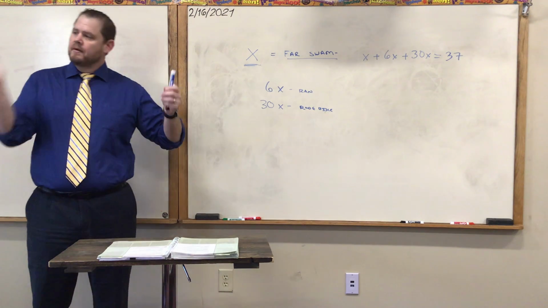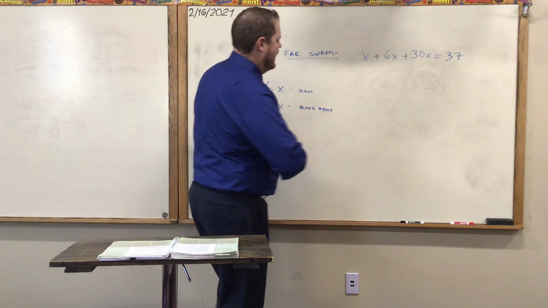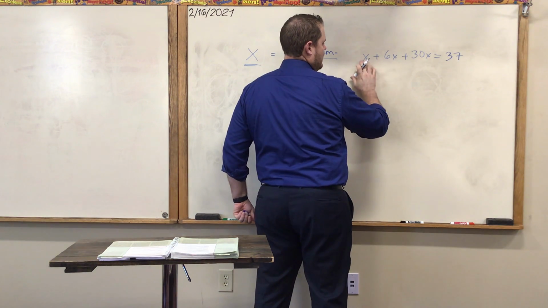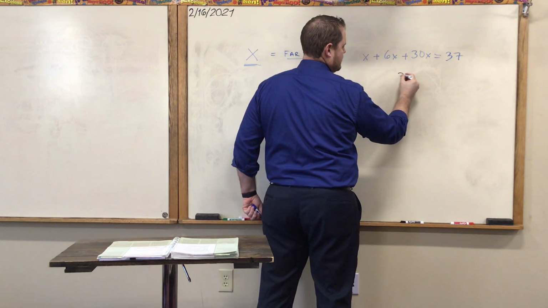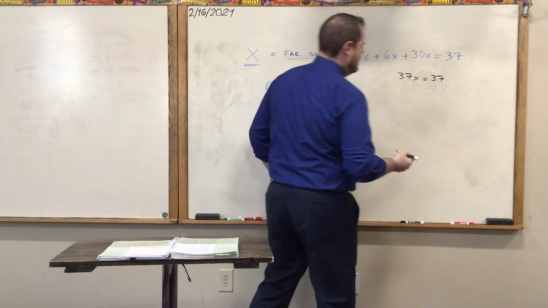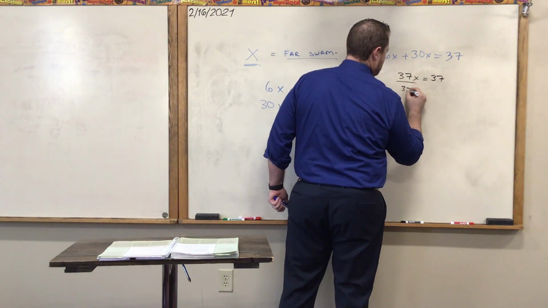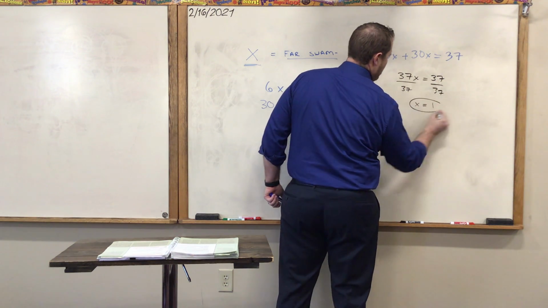Now, from last section, what would our next step be? Well, we could combine. So x plus 6x plus 30x is what? 1 plus 6 is 7. 7 plus 30 is 37. So 37x equals 37. Now what do I do? Divide by 37. x equals 1.